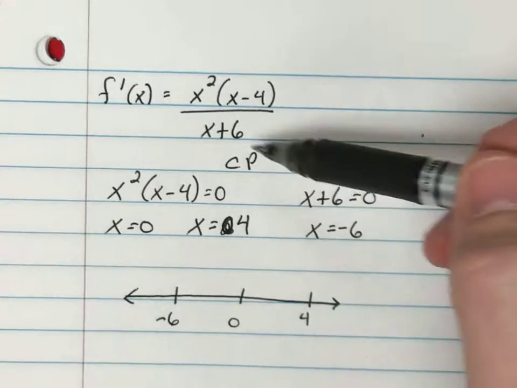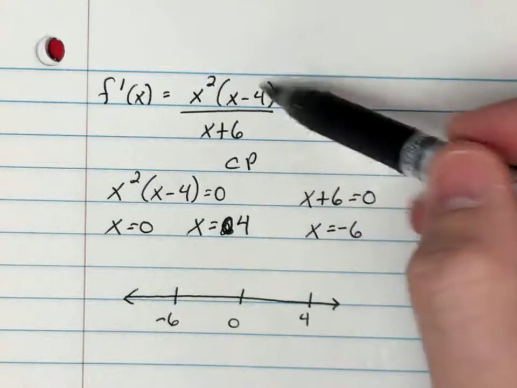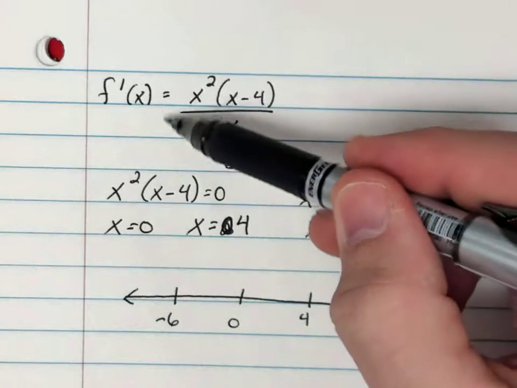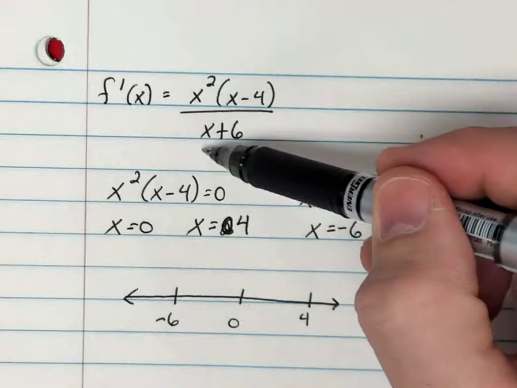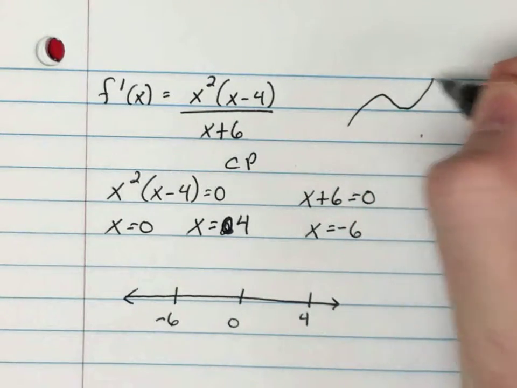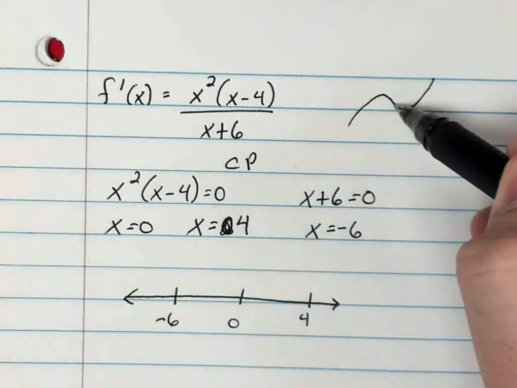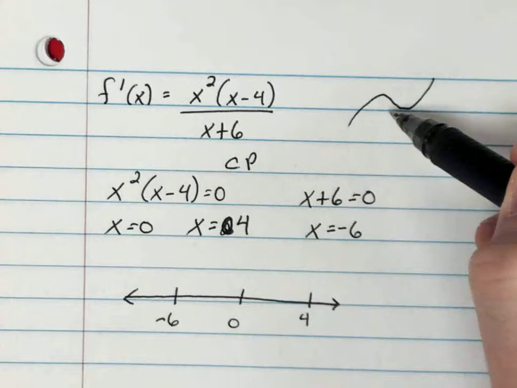And this is where I missed the problem yesterday. Make sure that when you're checking for increasing or decreasing that you go back to your derivative, the slope function, because if the slope is positive, we know it's increasing, or if the slope is negative, we know it's decreasing.